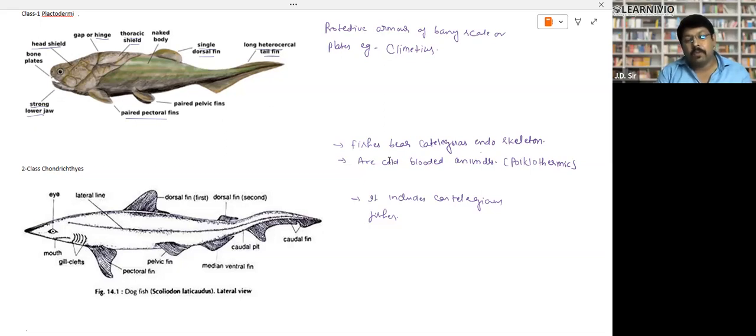They are cold-blooded animals, in bracket poikilothermic.